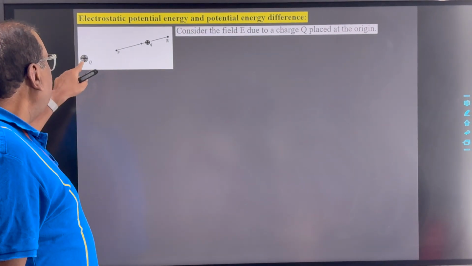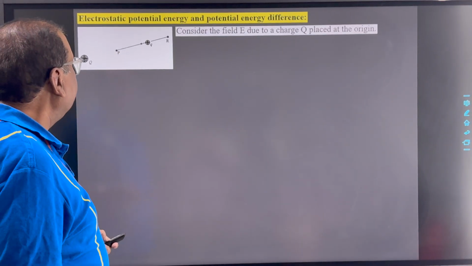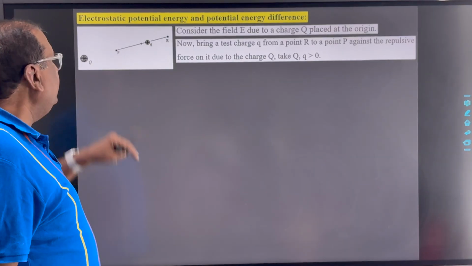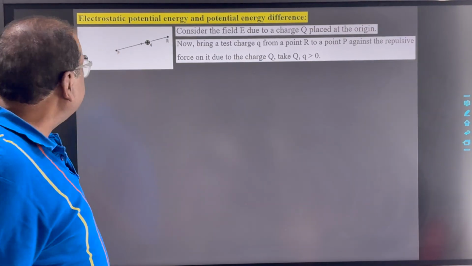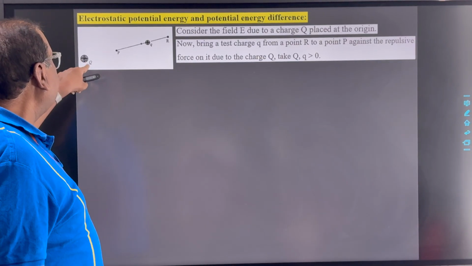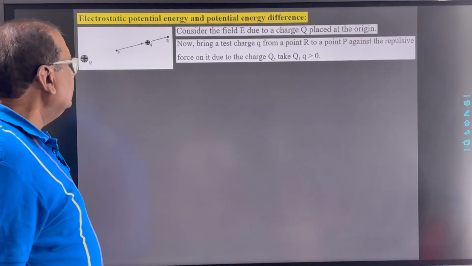And in the field of this charge capital Q, a small charge q is moved from point R to point P against the repulsive force of capital Q. Here capital Q and small q are greater than 0.